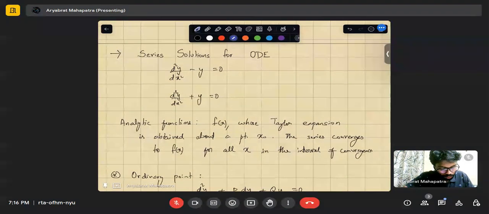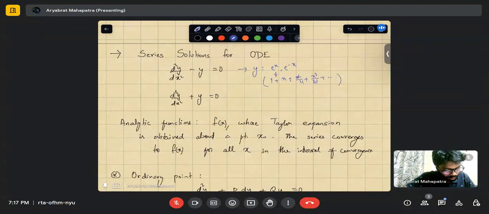For example, when you were solving this differential equation, you got a solution of the form exponential x and exponential negative x. These exponential x were like 1 plus x plus x squared by 2 factorial plus x cubed by 3 factorial and so on.